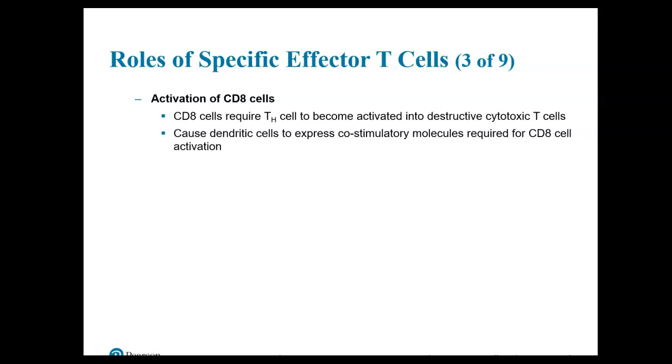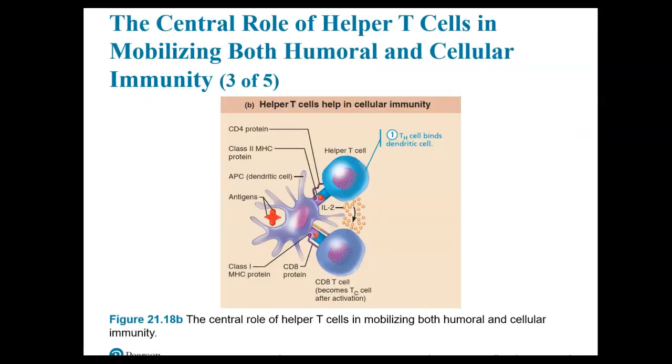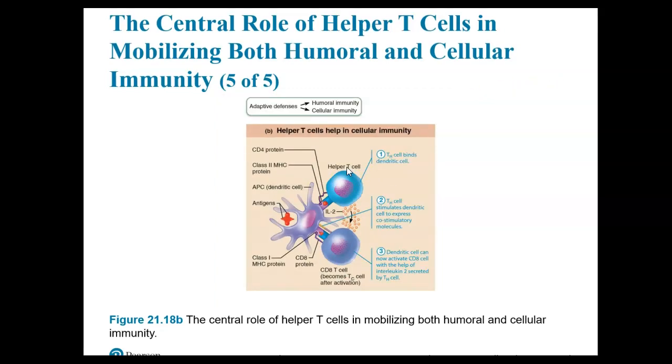Now, CD8 cells are activated in a similar manner. Okay, the helper T cell has to bind. Here, our APC is a dendritic cell, and it is displaying a class 2 MHC protein and a class 1 MHC protein.